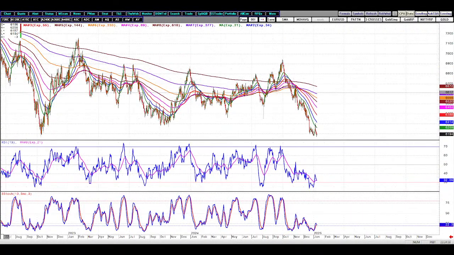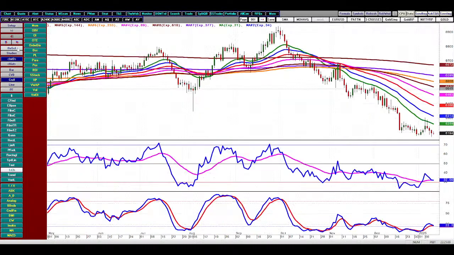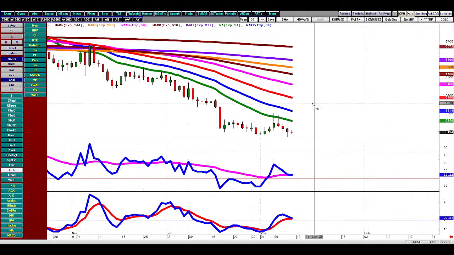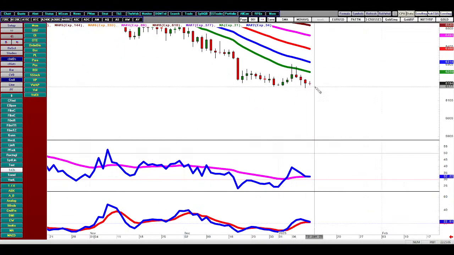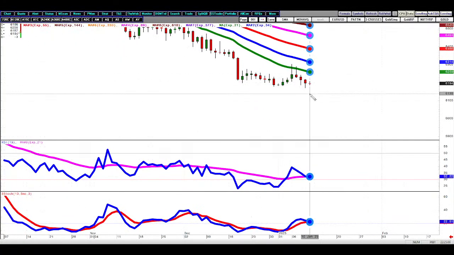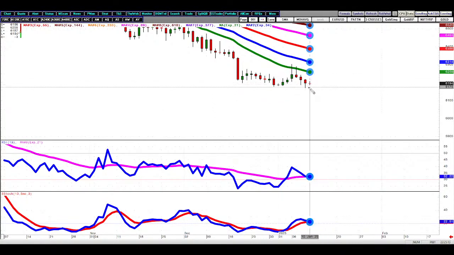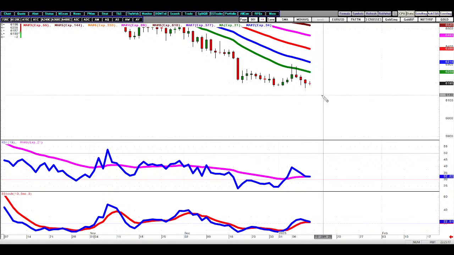Okay, the trend on the daily is flat, with the market trying, I think, to hit the bottom soon. Usually this kind of signal you see here means the market is expected to hit the bottom soon.